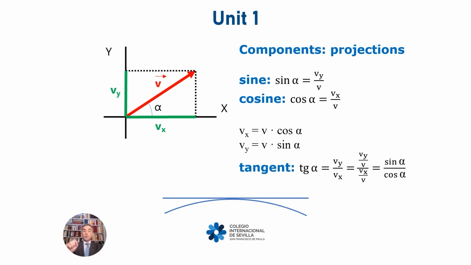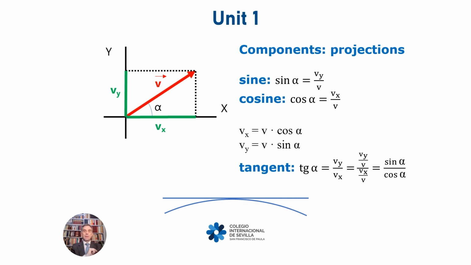The projection on the vertical axis of that line is 0. So the sine is 0. So the tangent is 0, and 0 is the angle that line forms with the horizontal axis, because that line is horizontal. Let's now see what happens when we produce a water jet.